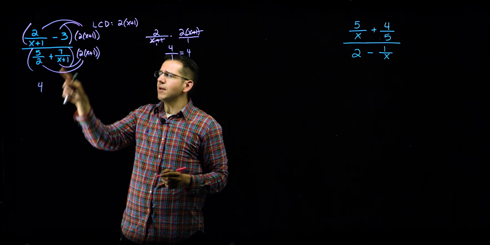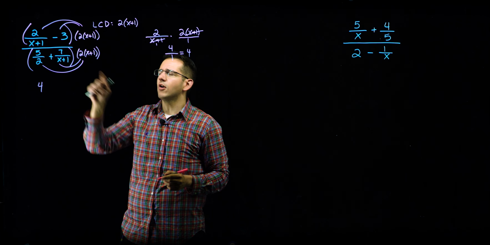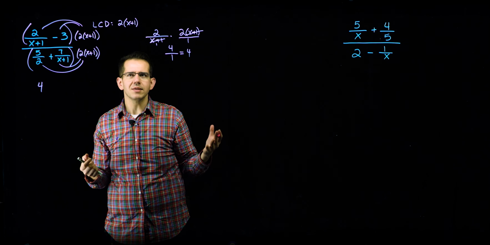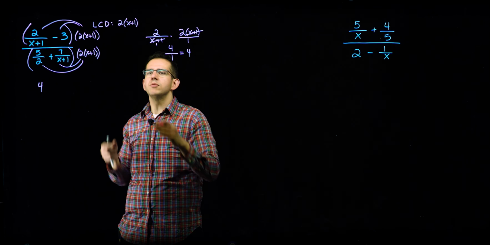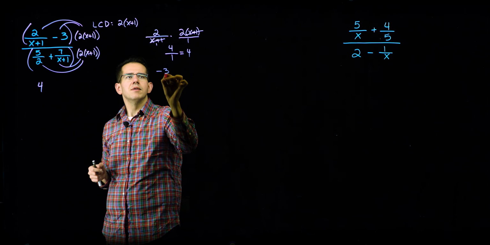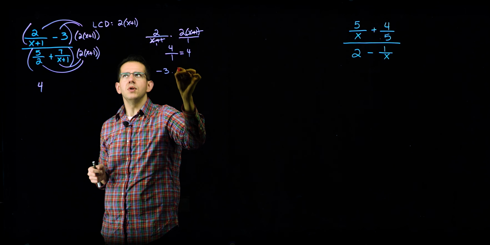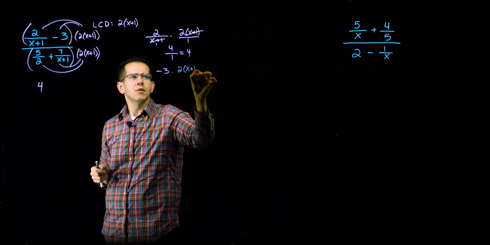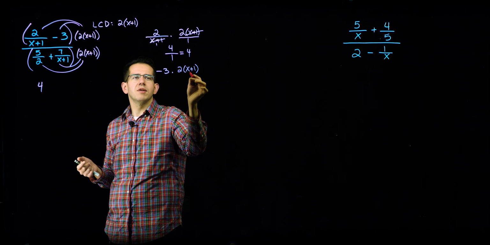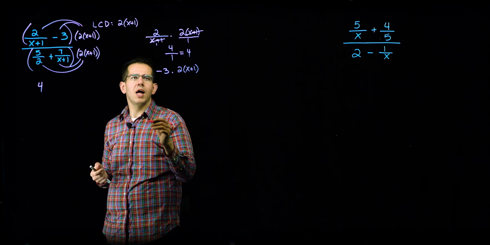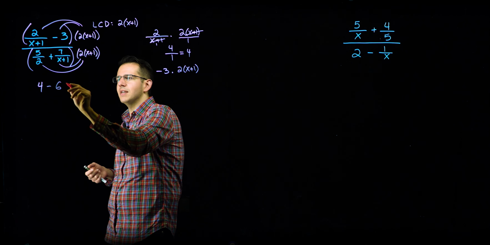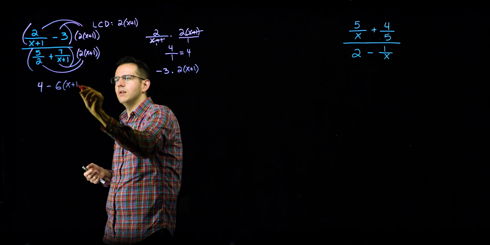And we can do the same thing for all 4 of our terms here. This work off to the side isn't really necessary, but we'll keep showing it for this example. We have negative 3 times 2 times x plus 1. In this case, there is no fraction involved, so we can just multiply the negative 3 times 2 to give us minus 6 times x plus 1.